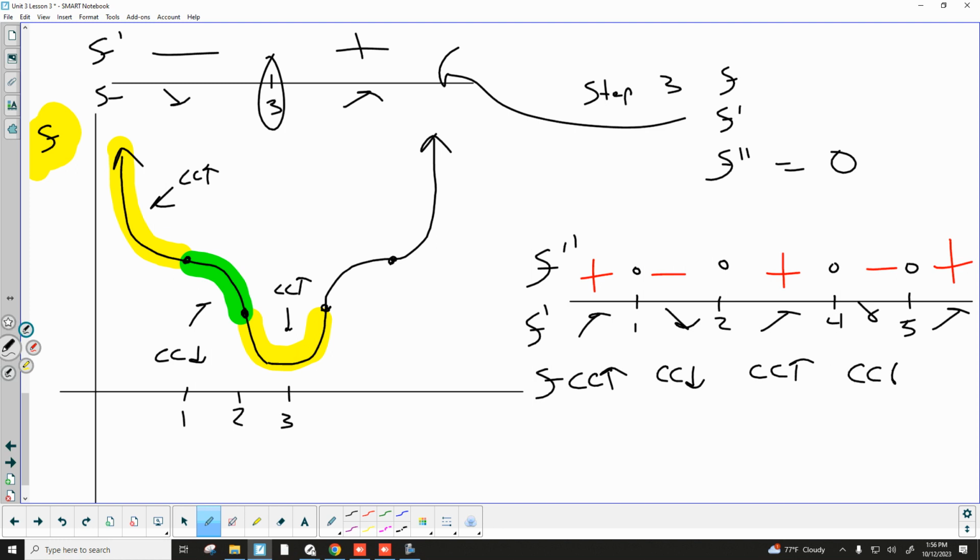These points here where we have zeros of our second derivative, where our second derivative changes sign, these are called points of inflection. POI for short.